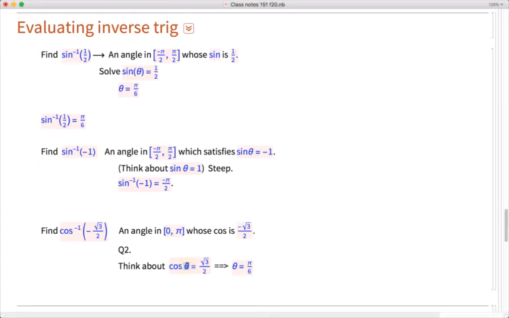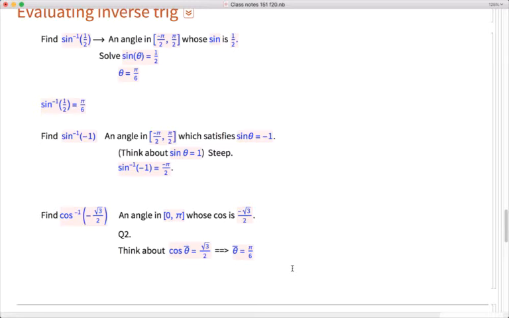Maybe I could put a hat on these. We could actually think about this as being the reference angle for the angle theta that we're actually looking for. The angle that we're actually looking for doesn't have a cosine of positive root 3 over 2. It has a cosine of negative root 3 over 2. And that means it's in the second quadrant and has a reference angle of pi over 6.